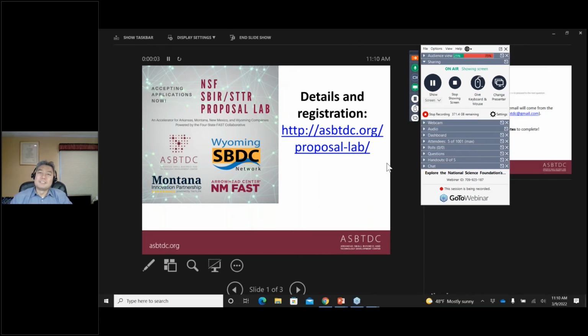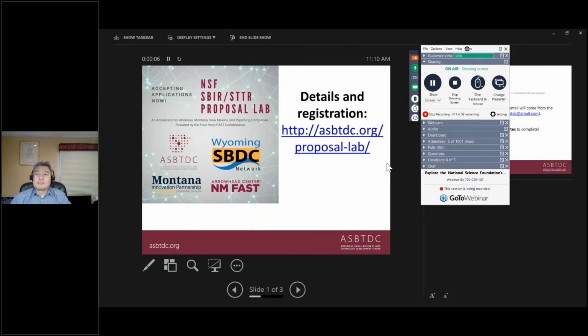Okay. So I wanted to give a quick plug for an accelerator program that the Arkansas Small Business and Technology Development Center is participating in that will kick off later this month. This is the National Science Foundation SBIR STTR Proposal Lab. It's the first time we're participating with other states and their resources to offer a multi-region program.